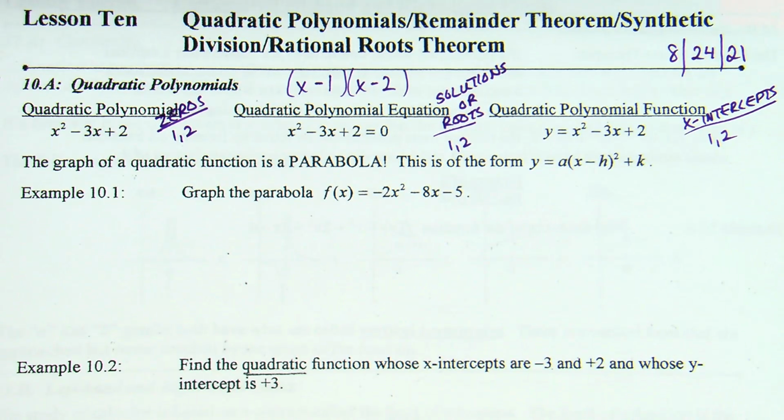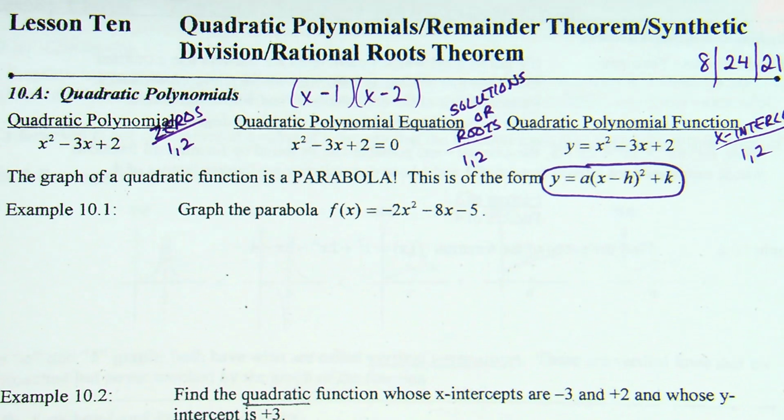A quadratic function, the shape of the graph is what? Parabola, right? What's a parabola look like? A U shape, right? And one form, I know we learned this last year in pre-cal, I think we did a little bit with it in Algebra 2, but one form of a quadratic function or quadratic equation is y equals a times x minus h squared plus k. And this is what we call vertex form.